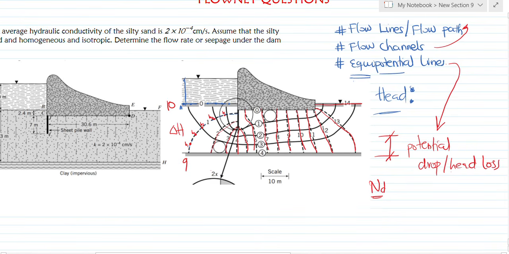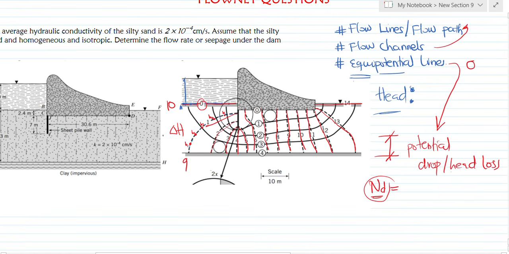Either you count the equipotential lines starting from 0. You see these lines started from 0. If you want to know the total number of drops, that is ND, which is very important, we need the total number.